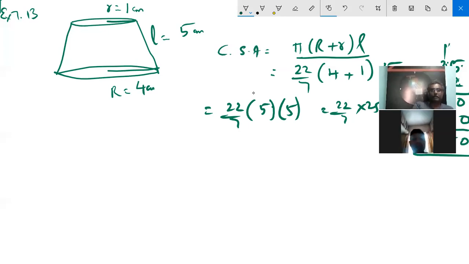Okay, so what is the answer? 550 centimeter square. What is this?